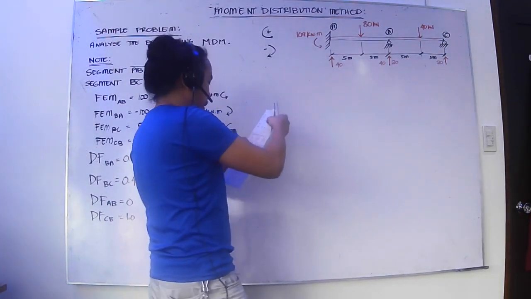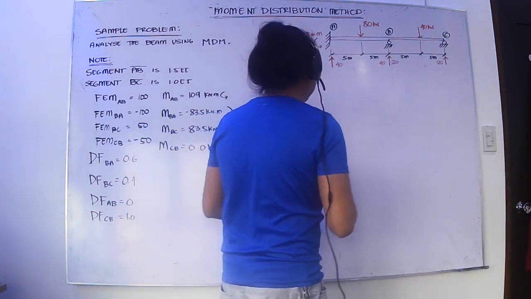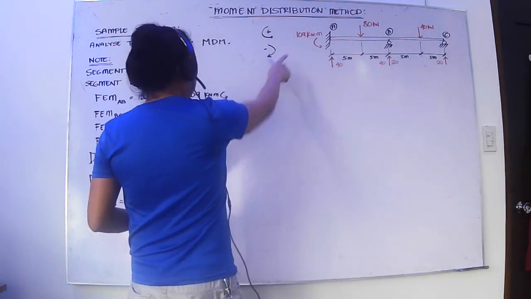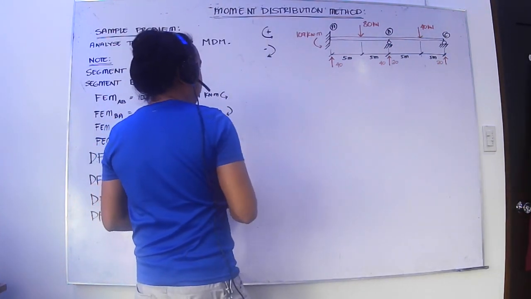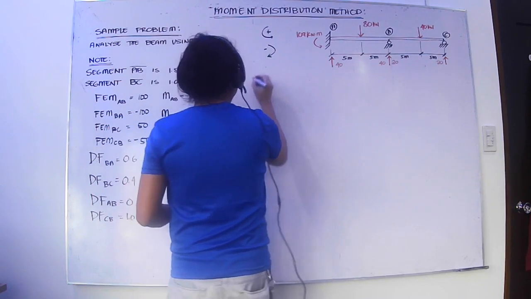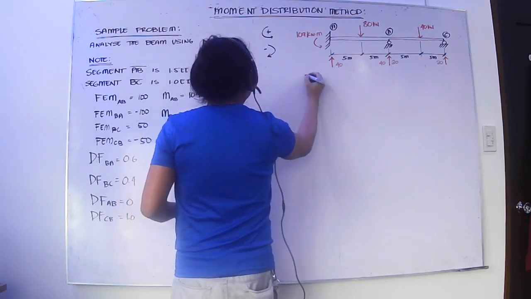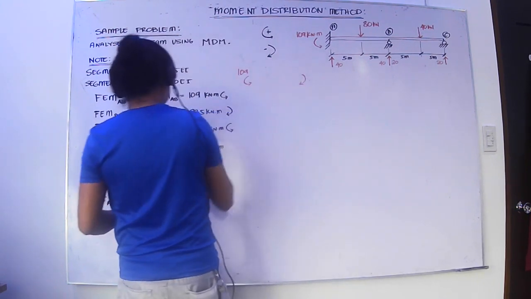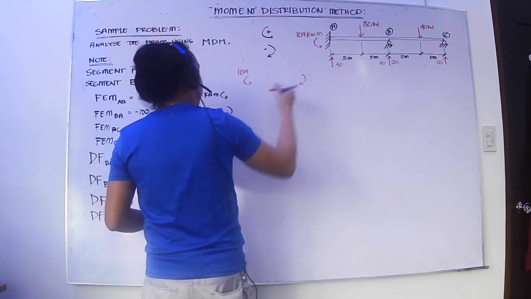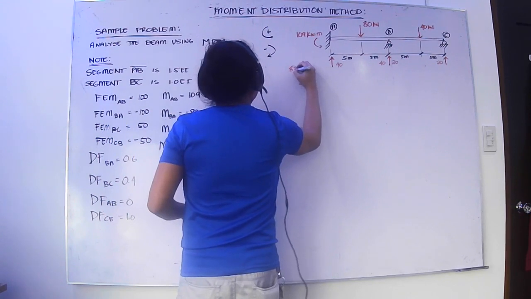Next, we have 109 going this way, versus the moment for CBA going the other way, 83.5.